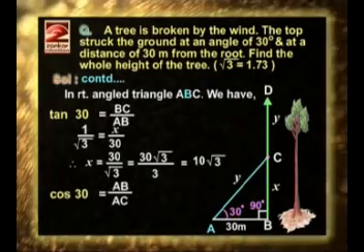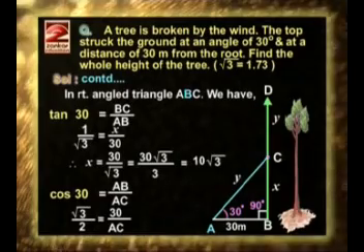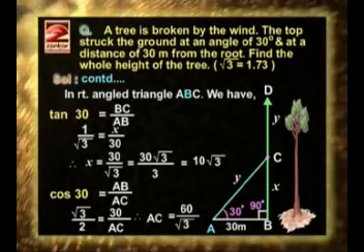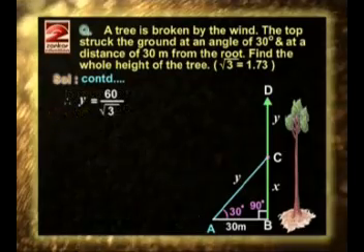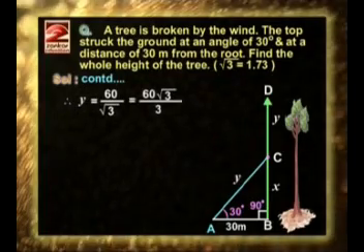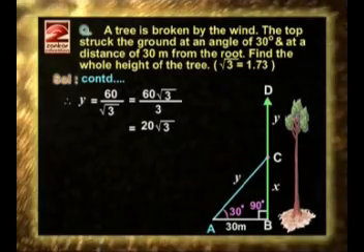Now cos 30 is equal to AB upon AC, that is equal to root 3 upon 2, that is equal to 30 upon AC. Therefore, AC is equal to 60 upon root 3. Therefore, Y is equal to 60 upon root 3, that is equal to 60 root 3 upon 3, that is equal to 20 root 3.